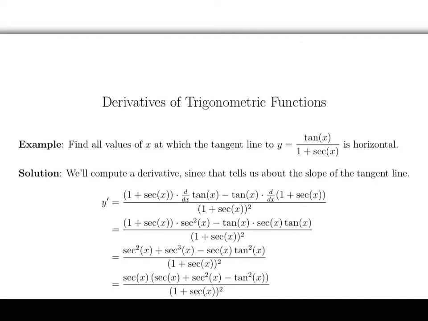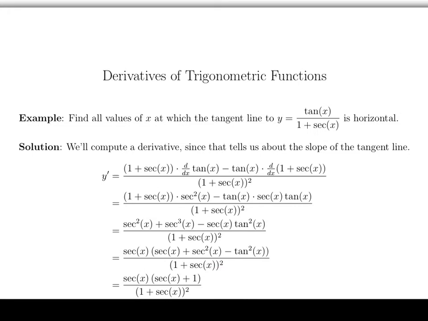Okay, so now we're going to use a trig identity. Right here, there's a trig identity that we can use on secant squared x minus tangent squared x. If you've never seen this before, you might not recognize to do this, but it turns out that secant squared x minus tangent squared x is 1. So here we've just replaced this piece with 1.